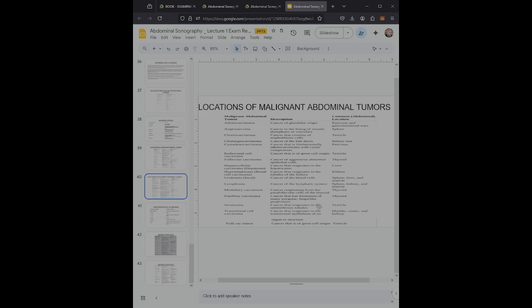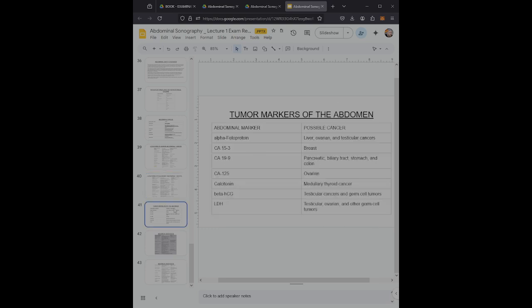Seminomas are cancers that originate in seminiferous tubules of the testicle. Transitional cell carcinomas originate in the transitional epithelium of an organ or structure, such as bladder, ureters, and kidneys. Yolk sac tumors are cancers of germ cell origin, and these can be seen in testicles.